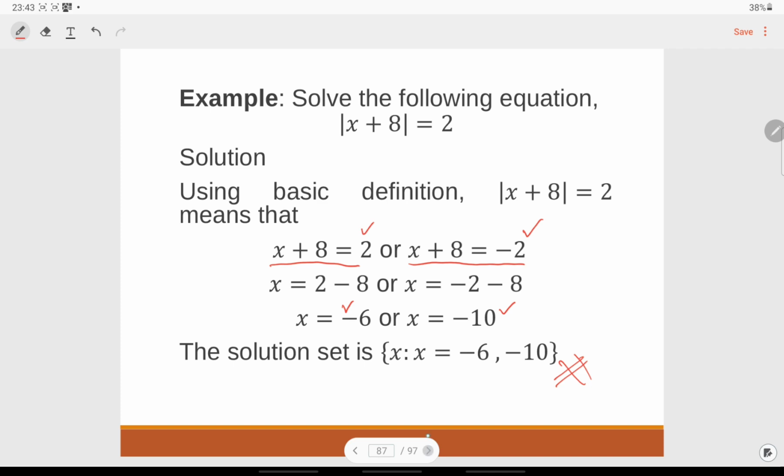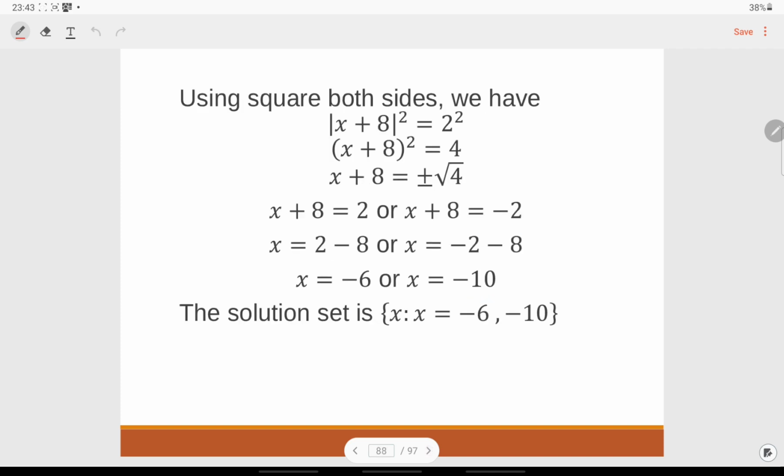Using the other method, which is the square both sides method, we can put square at both sides. For the absolute value, once we put square, it becomes ordinary parentheses. We have this square sign at the right hand side, 2 square equal to 4. If we put square root at both sides, the square can be eliminated, so it becomes x plus 8, while at the right hand side it becomes plus or minus 2, which is the square root of 4.